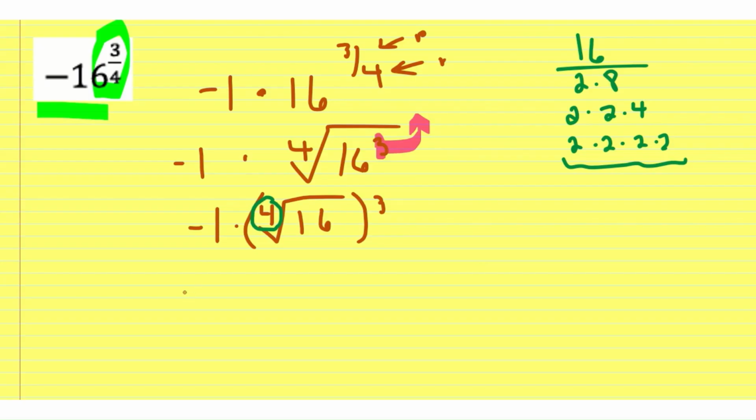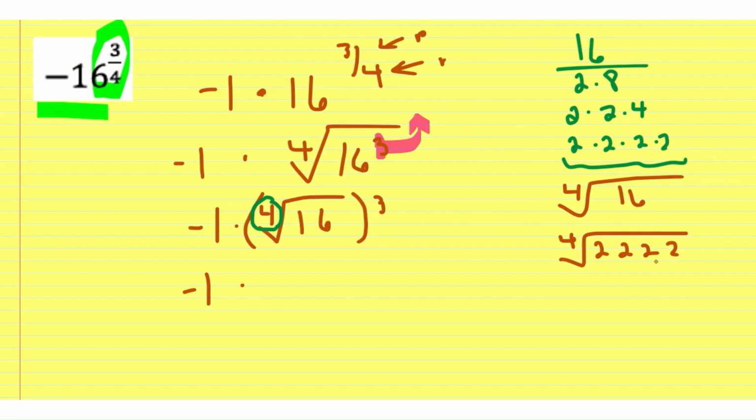So that means it's going to be -1 times the fourth root of 16. The fourth root of 16 is going to be equal to those 4 2's, 2 times 2 times 2 times 2. So all 4 are represented by 1 2 that comes out of the radical. Since I'm using up all my factors, my radical is going to disappear. So that's going to end up being 2. But then we've got to not forget to raise it to the third power.